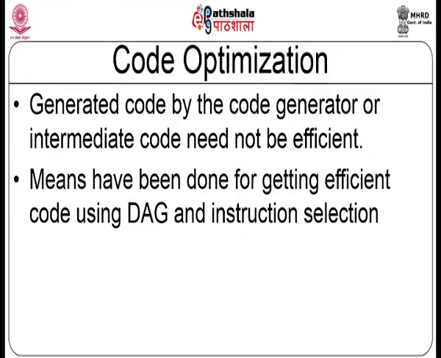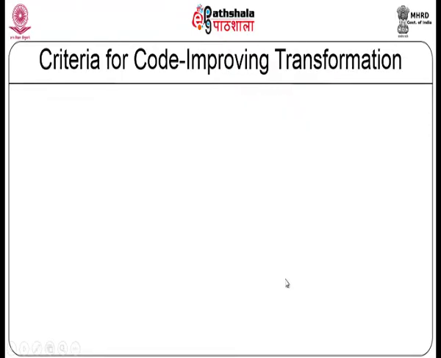If you remember, we have talked in one of the modules that where you had some 10 instructions, if you could change the sequence of instructions, we could reduce the number of instructions from 10 to 8. Okay, that was one of the examples in module 29. So we can look at that as an optimization procedure.